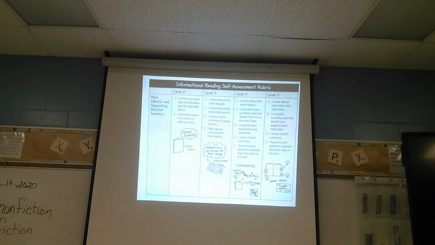Later, we learned to code the text, knowing when the writer lapsed into a more narrative style of writing and when they went back to expository to provide us with facts and details. Well, today we're going to put all of that together, and we're going to be working on writing a summary.